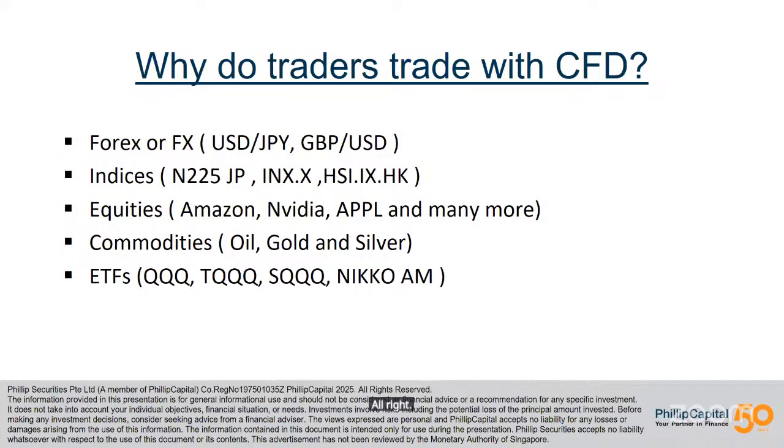Equities, the usuals: Amazon, Nvidia, Apple, and many more. Commodities as well: oil, gold, and silver. ETFs, mostly QQQ, which is your Nasdaq 100, TQQQ, SQQQ, which is for the shorting of the Nasdaq 100, and now STI.